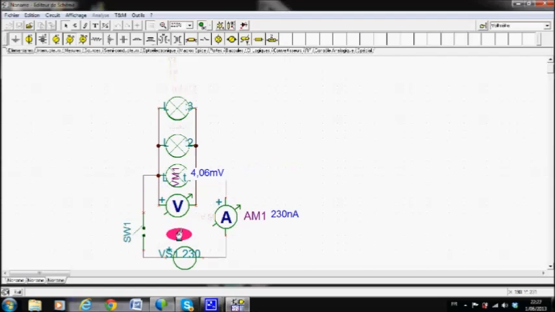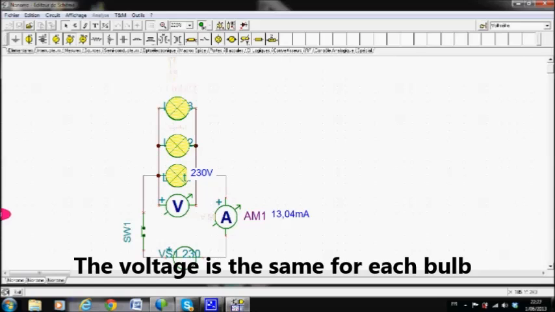Okay, so let's simulate. See, this is 230 volts, exactly the potential drop of my power supply. That's the voltage I have here, and it's the same here, and the same here also.